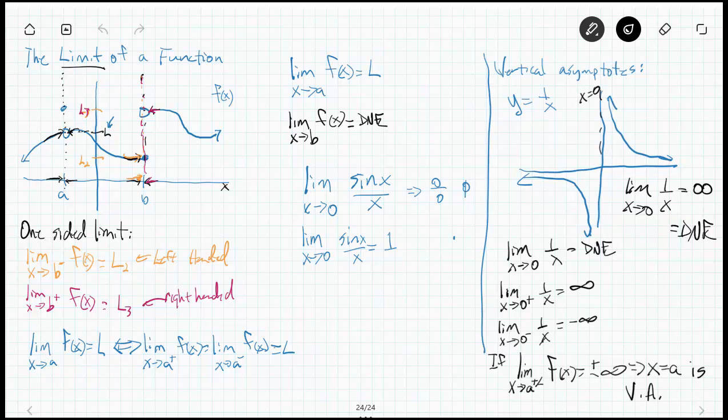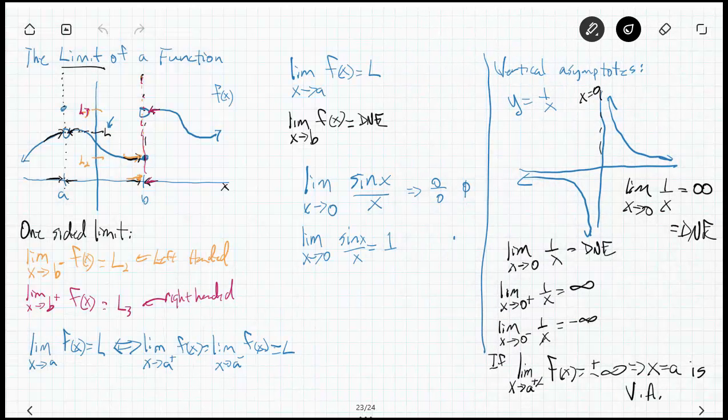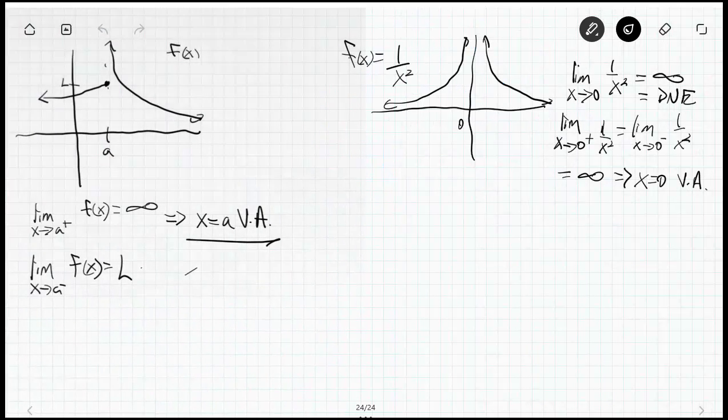So when in doubt, default to does not exist, because infinity doesn't exist. If you were to say it was plus and minus infinity, that would be wrong as well. You can't have two values of a limit. You only get one value of a limit, an actual limit, not a left-handed or a right-handed limit.